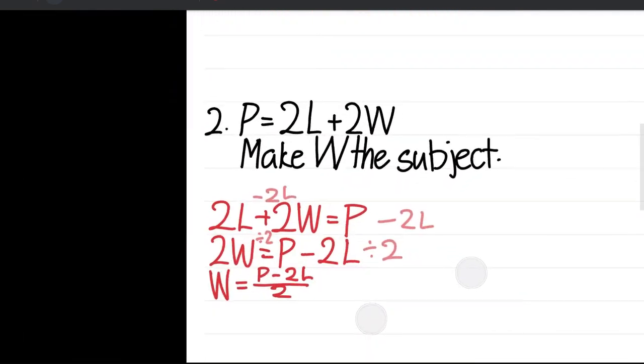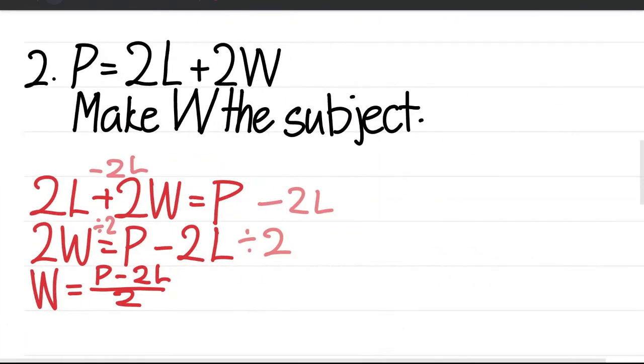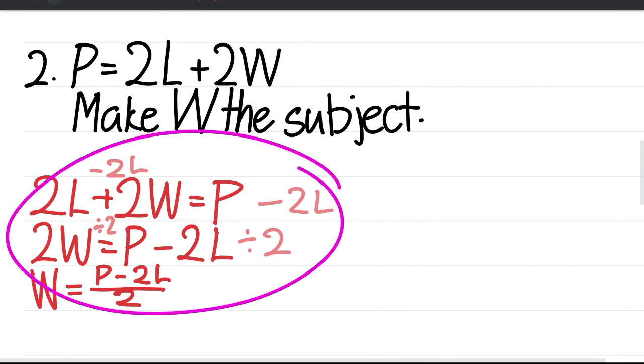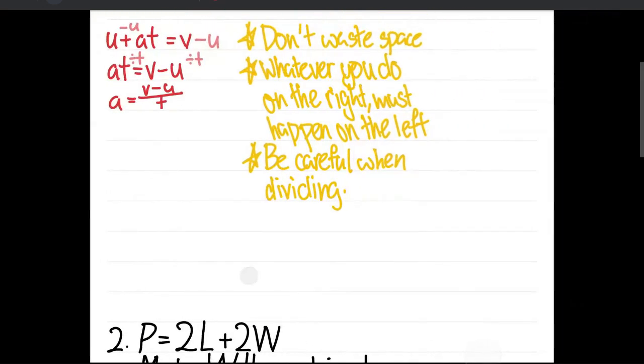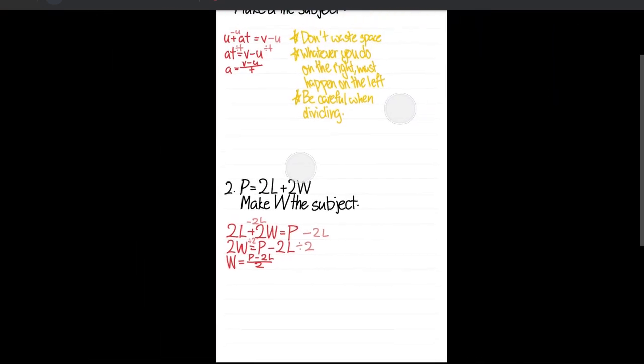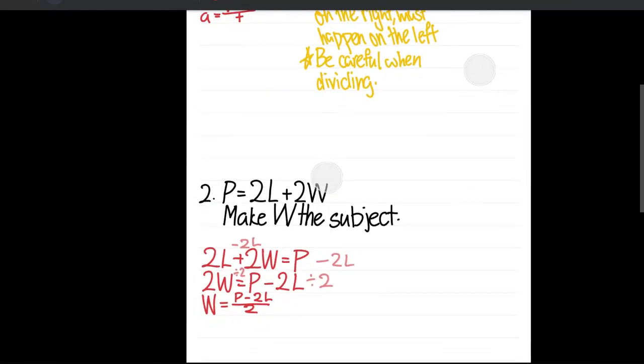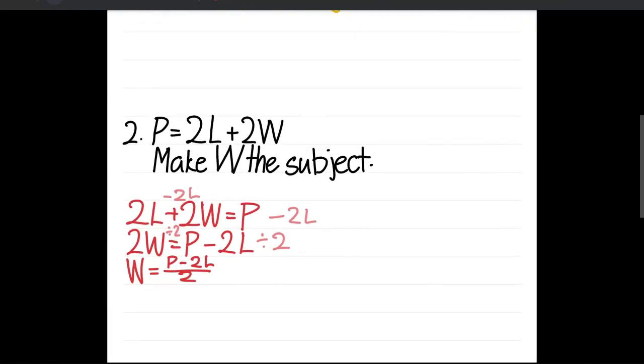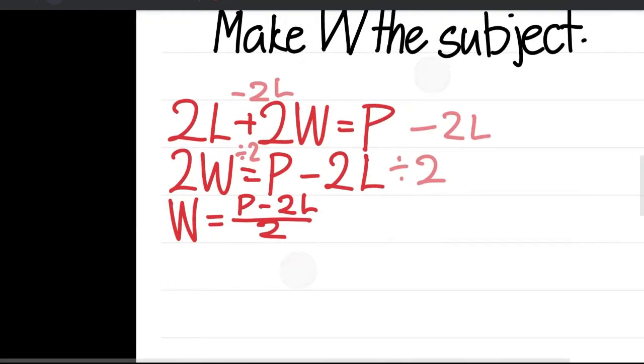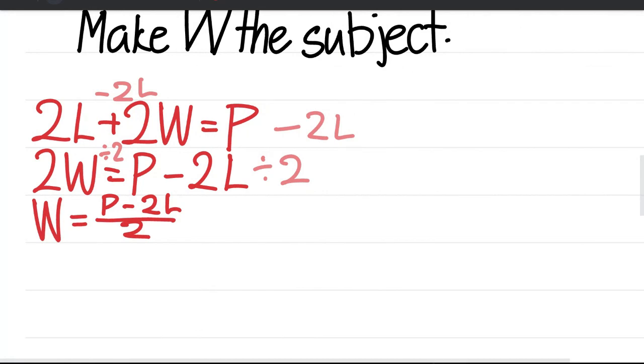So actually, this question here is quite similar to the one on top. But instead of a T, we have a number instead.